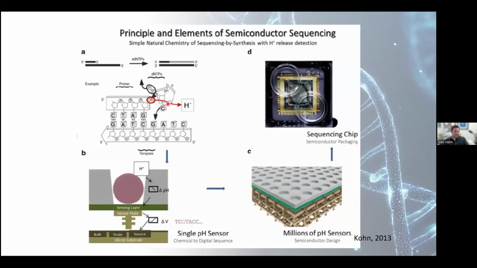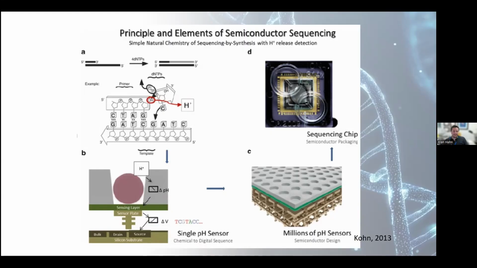So each of these beads is then contained in a single well across the sequencing chip. And every time a nucleotide, a dNTP, is incorporated, it releases a hydrogen ion. This decrease in pH is detected here by the sensor, and that's interpreted into bioinformatic data.